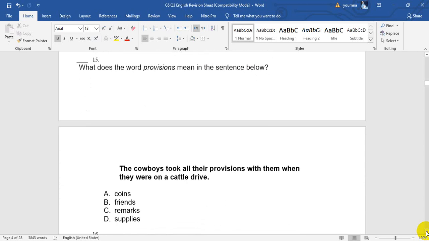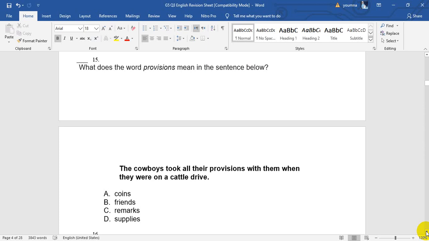Let's move to number 15. What does the word provisions mean in the sentence below? The cowboys took all their provisions with them when they were on the cattle drive. Cattle means group of cows.